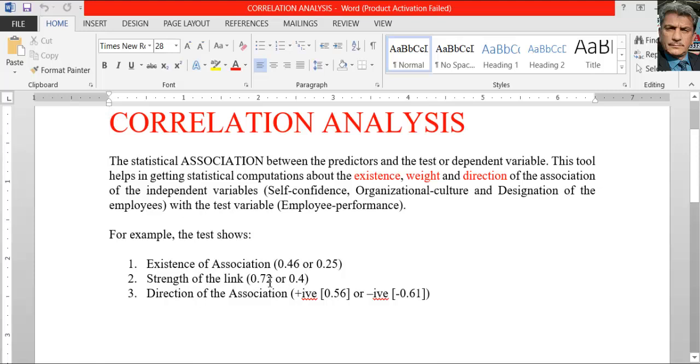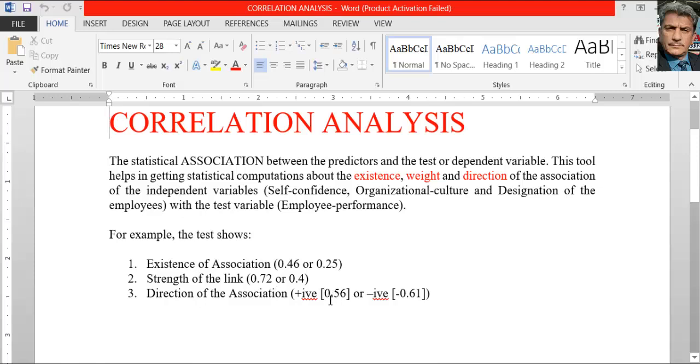Strength of the link refers to the weight or to the power of the R score. For example, 0.72 is bigger than 0.4, so the power of 0.72 is higher than 0.4. Likewise, the R score also gives us information about whether the relationship or association is positive or negative.